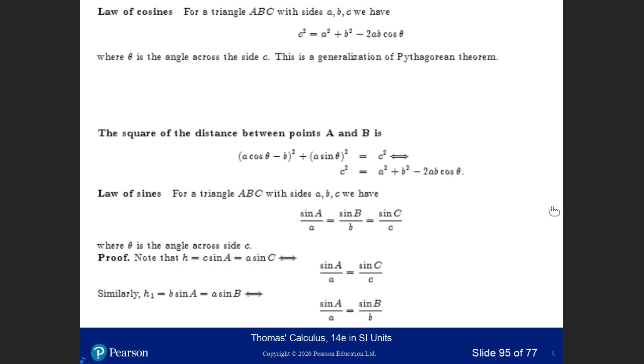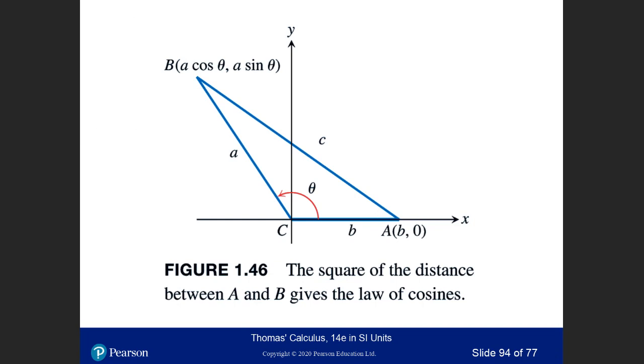There is also the law of sines. The law of sines you can get easily. Let's go back to this figure again. What's this height? It's h. What's equal to... sorry, cosine A times... just a minute.